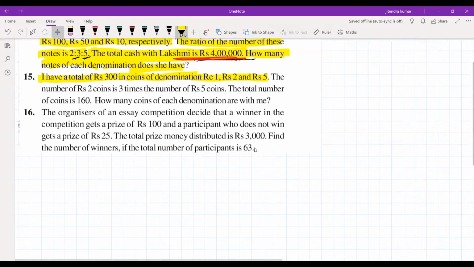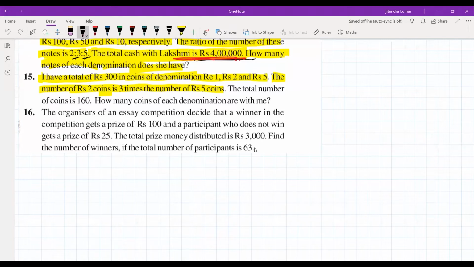Then it says that the number of rupees 2 coins is 3 times the number of 5 coins. So the number of rupees 2 coins is 3 times the number of rupees 5 coins.